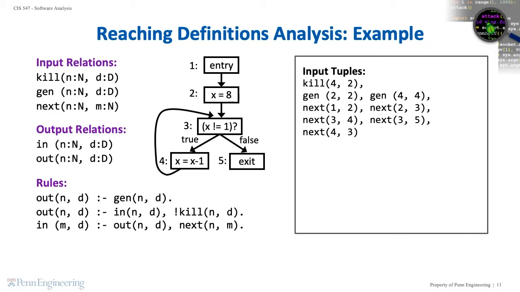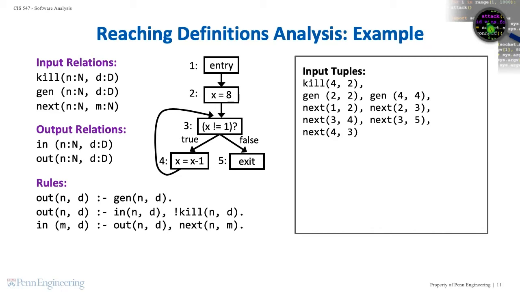The next relation can be computed from the directed edges in the control flow graph. Each edge corresponds to a tuple in this relation. This relation therefore contains the following tuples: (1, 2), (2, 3), (3, 4), (3, 5), and (4, 3).